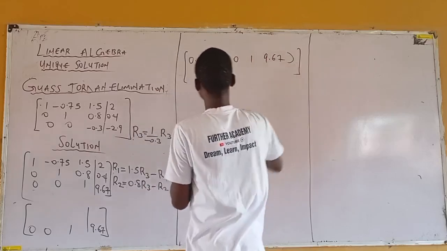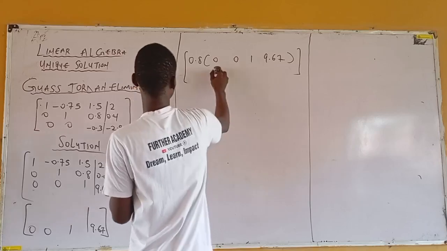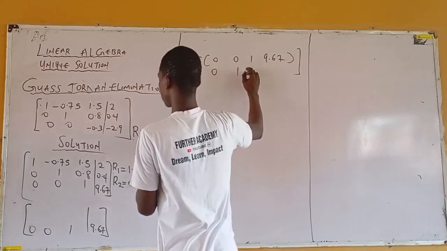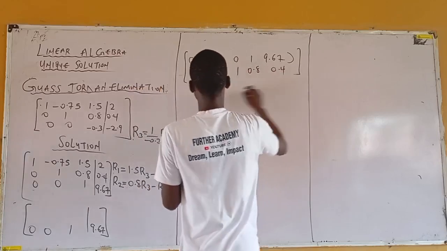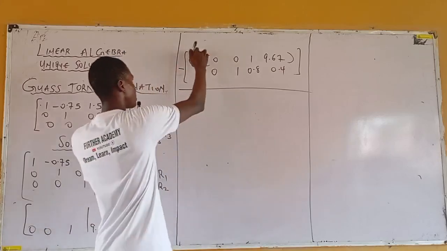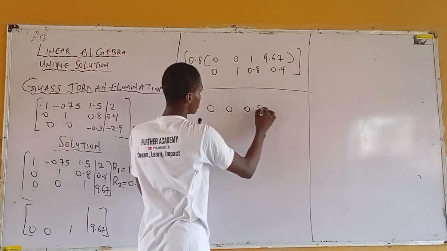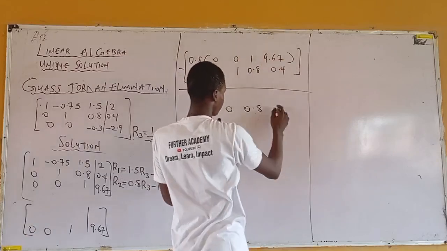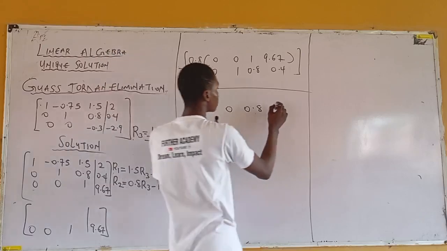Minus row 2, which is 0, 1, 0.8 and 0.4. So let's get the difference between these. But before then, multiply this guy with this bracket. What do we have? 0, 0, 0.8. The product of this is 0.8 times 9.67. What do you have?